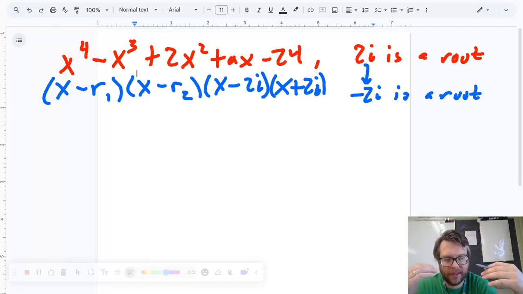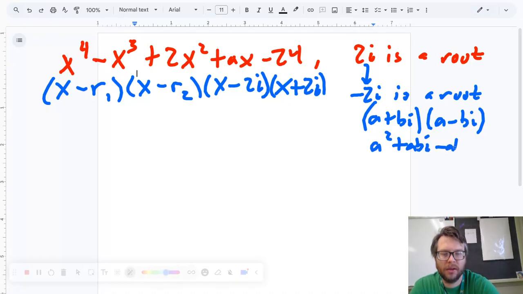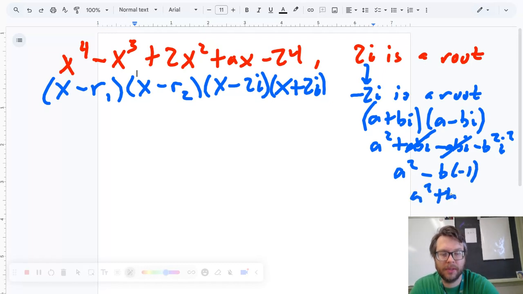We need it to cancel out exactly, and anytime you do a complex number times its conjugate, so a plus bi times a minus bi, if you FOIL that out, you get a squared plus abi minus abi minus b squared i squared. The imaginary parts cancel out, and i squared is -1, so you end up with a squared plus b squared.